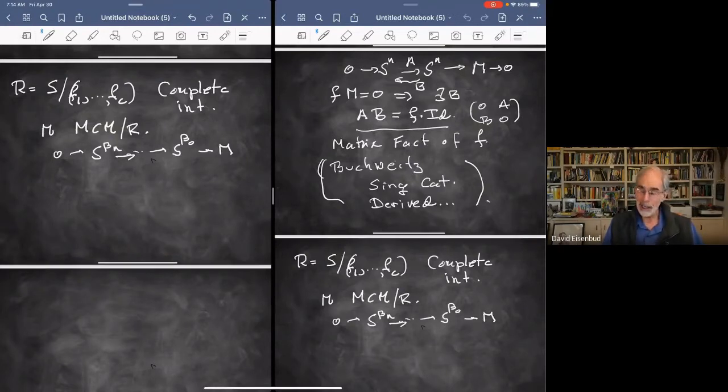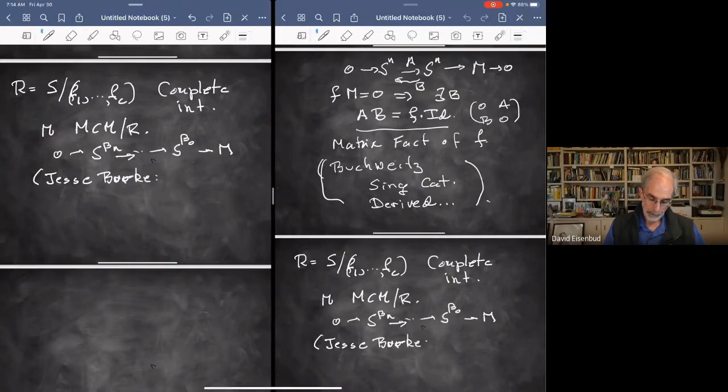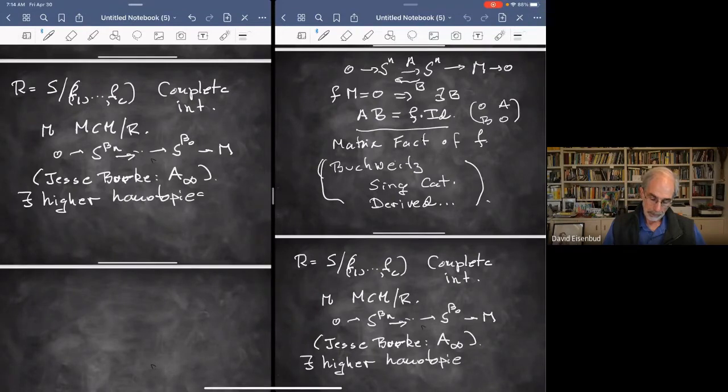I've learned in recent times from Jesse Burke that this is really part of the theory of A-infinity algebras. But anyway, I understood it in 1980 as higher homotopies. And you can use them to construct a resolution.